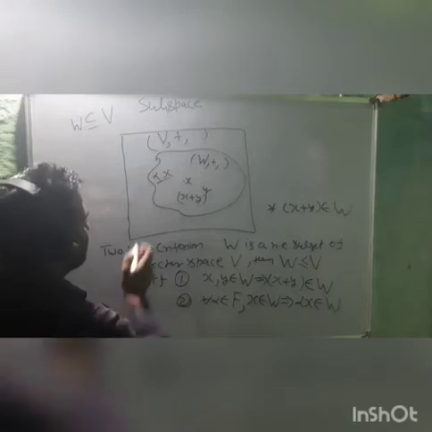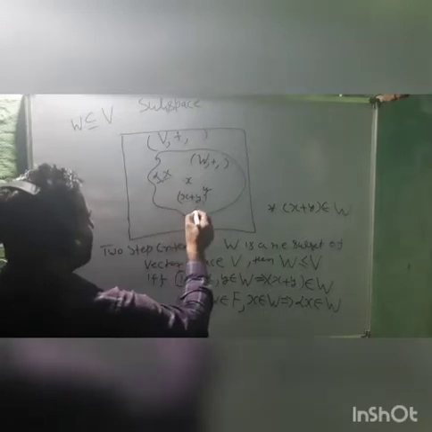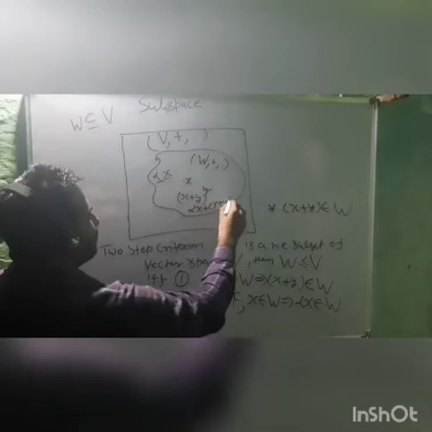Now further you can see that this is one vector, this is one vector, so their sum must also be there. Hence x plus y is also going to be here.